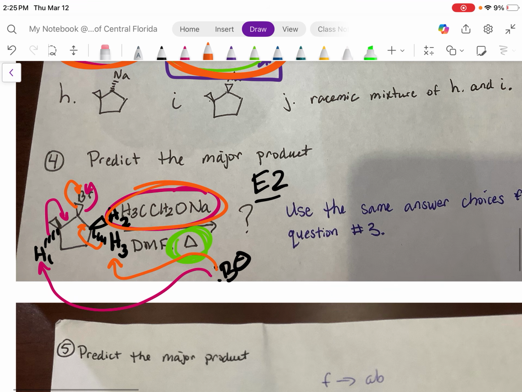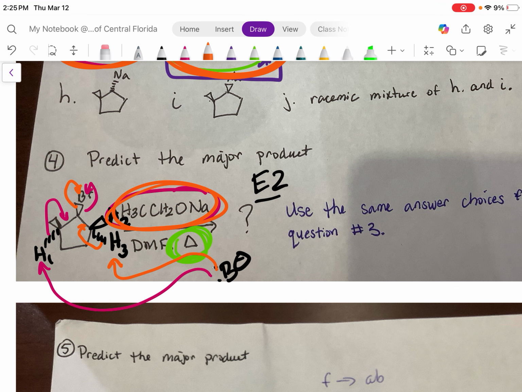But the base here is not sterically hindered. It can go and approach H1 and H3 with relatively the same ability.